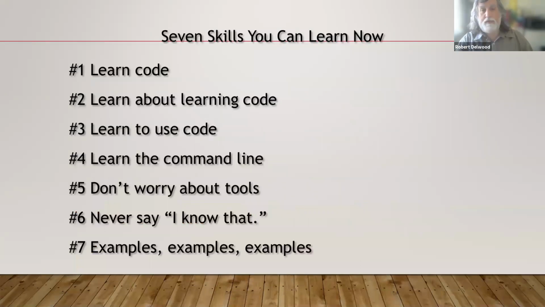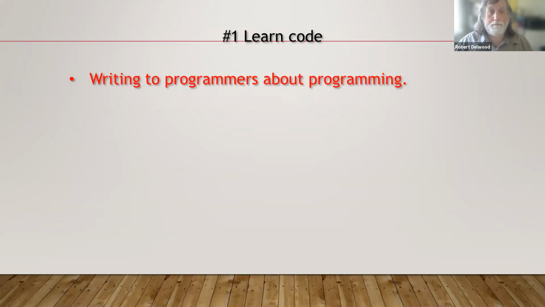So what are the 7 things that you can learn now to do your job faster, better? So I'll go through these. And okay, so number 1 is learning code. This is the stereotypical concept of what programmer writers do.